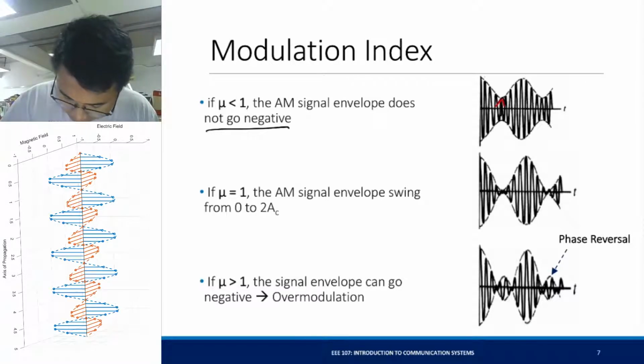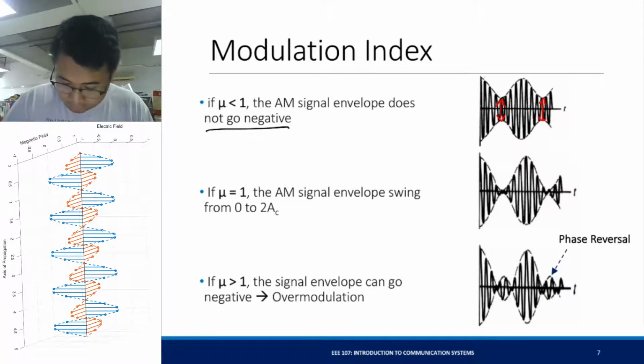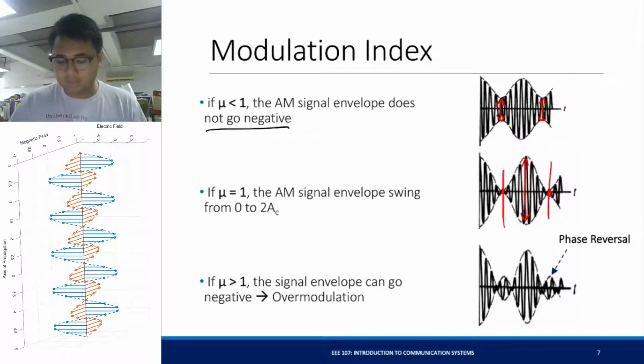You'll have some space between your upper envelope and your lower envelope. If mu is exactly 1, your AM signal envelope will swing at the maximum from 0 to 2 AC, and you'll have no space between the carriers, or you'll have zeros in your time domain signal.